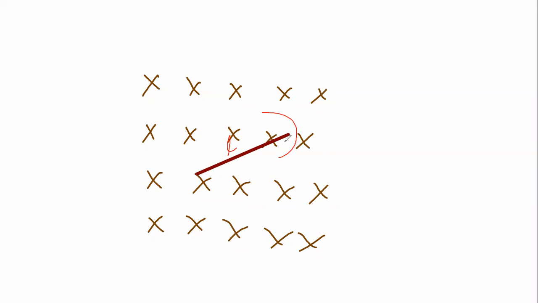When we are rotating a rod of length L in a uniform magnetic field, where the cross represents the inward magnetic field, the length of the rod is taken as L. This rod we are rotating in this uniform magnetic field.